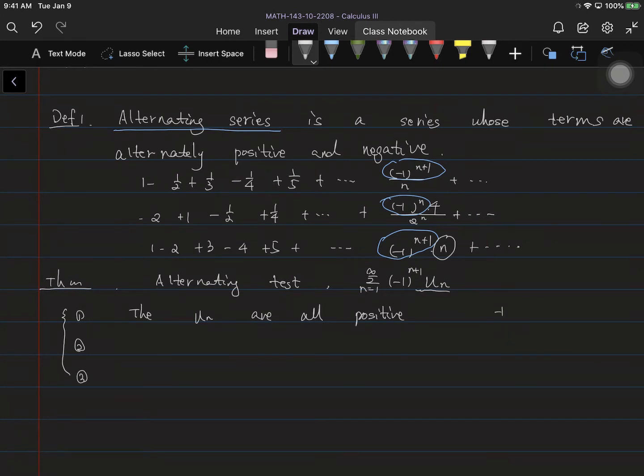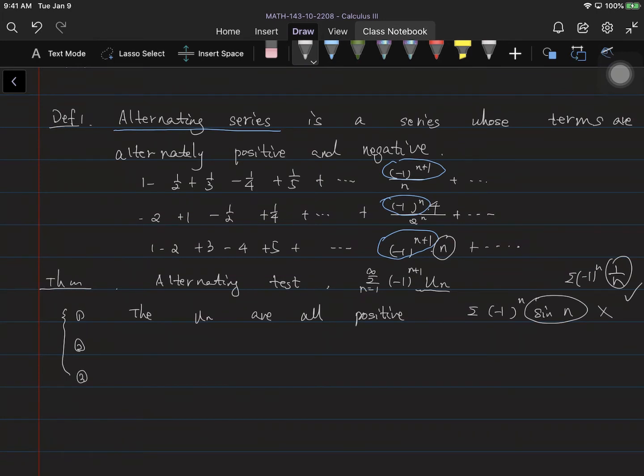Because we cannot have un like sine or cosine, because sometimes they have negative values, changing from -1 to 1. So in this case, we cannot have this. All the un have to be positive. This is okay, un is 1 over n, positive.